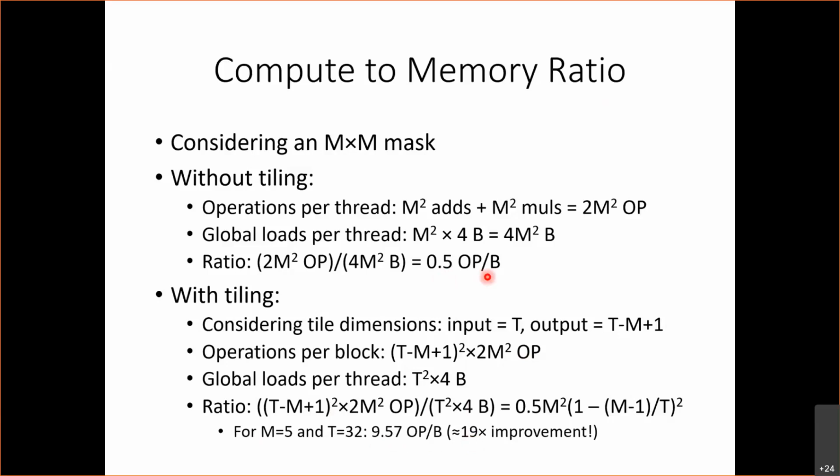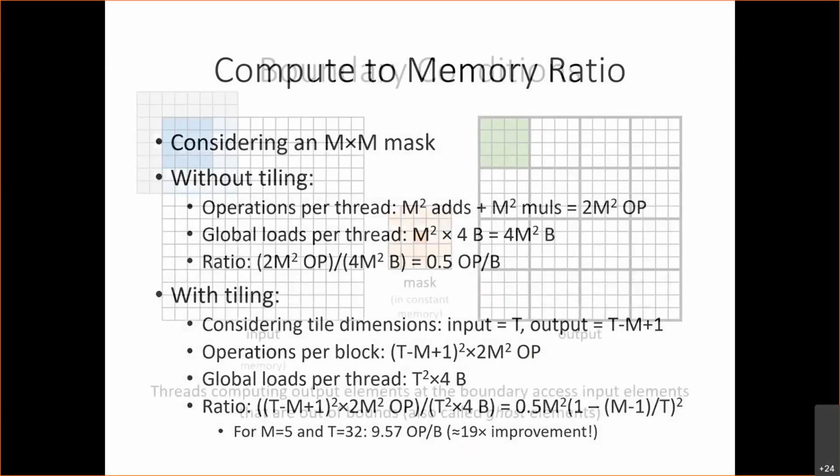So tiling really helps you improve your compute to memory access ratio. And we saw the same thing before with tiled matrix multiplication. Over there, actually, we had even more improvement. When we used 32 by 32 tiles, we actually had a 32 times improvement in our compute to memory access ratio.